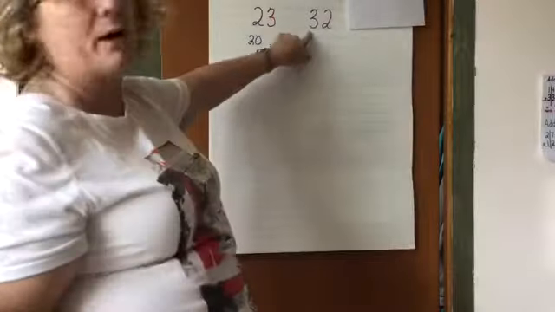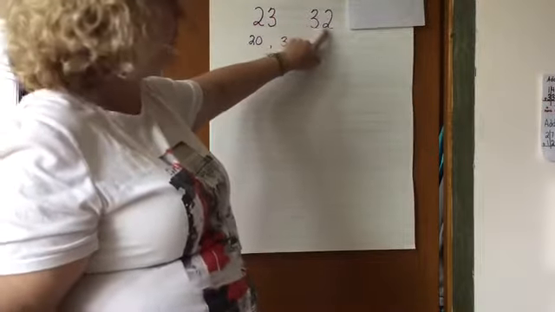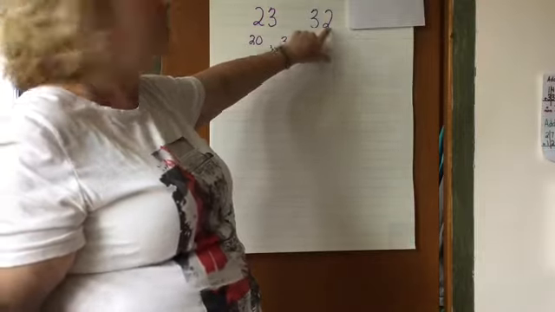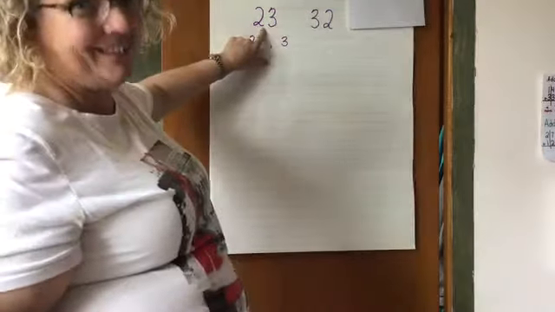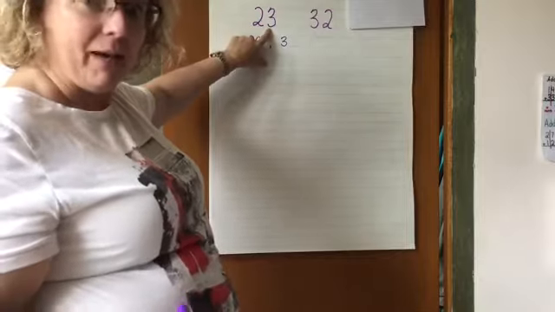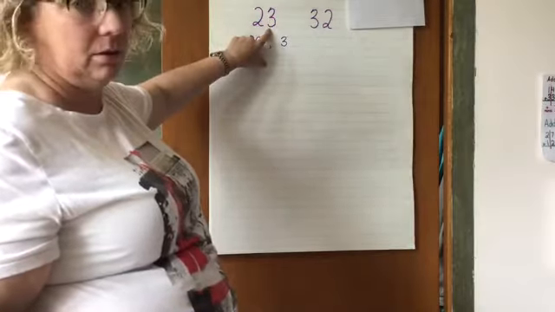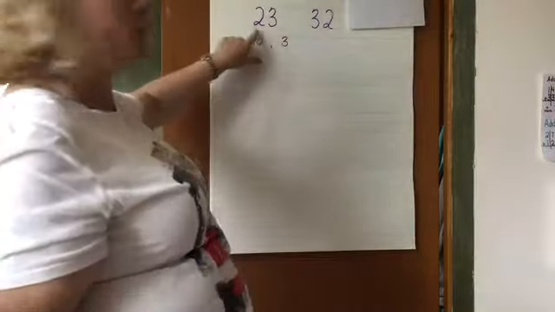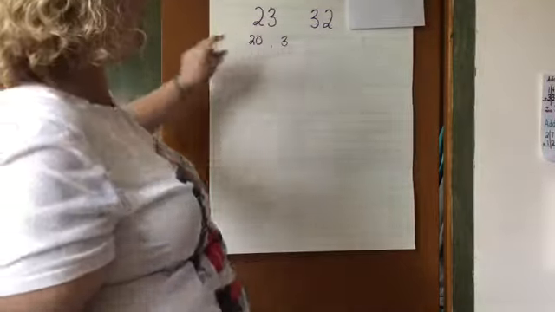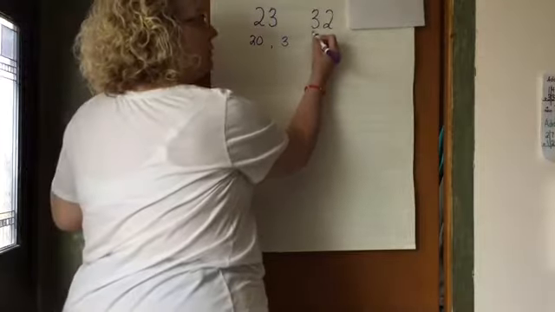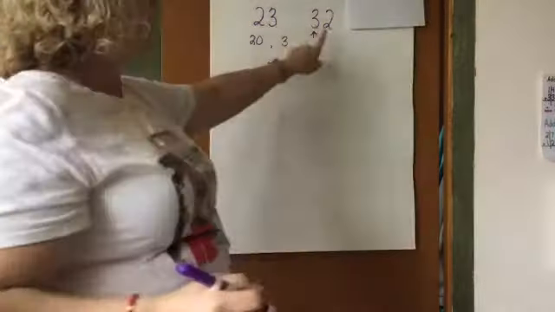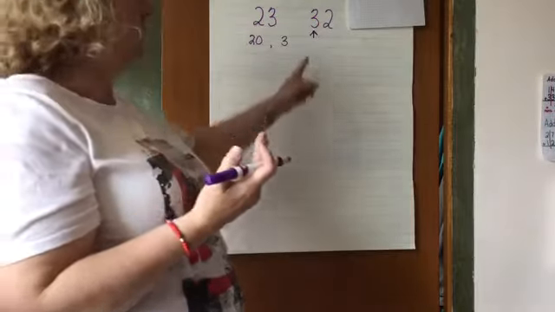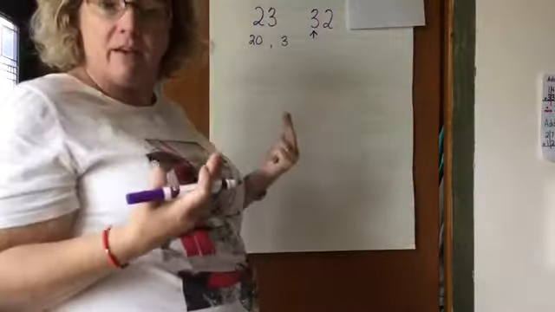I would way rather have $32 in my bank account and let you have $23 in your bank account, but you probably want $32 and leave 23 to me, because we understand value. Whatever is in the greater column makes it greater value.